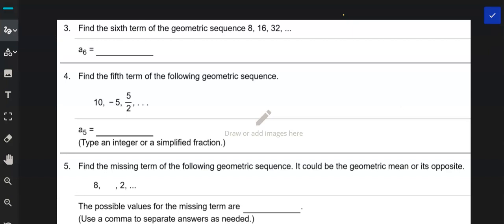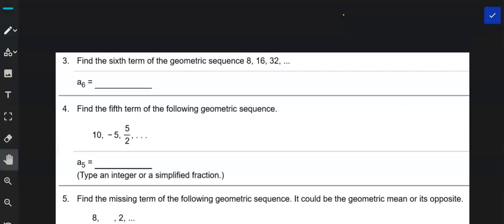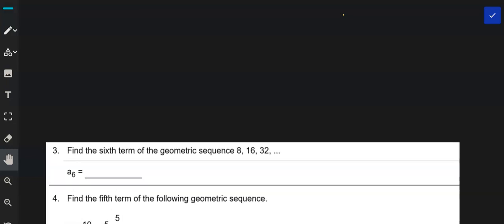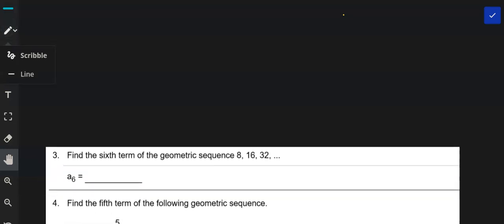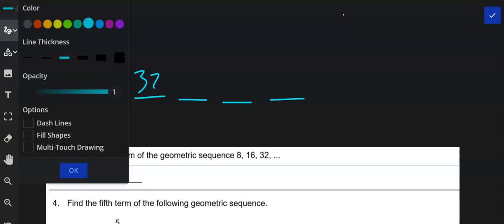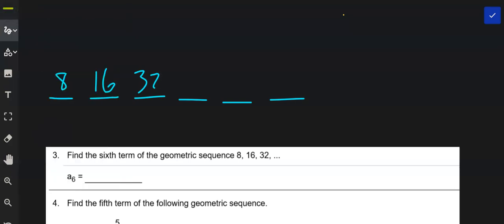Okay, next. Find the sixth term of the geometric sequence. 1, 2, 3, 4, 5, 6, and we know the first one is 8, the second one is 16, and the third one's 32. We're trying to find the sixth one. I highly doubt that you are going to actually generate a formula for this.